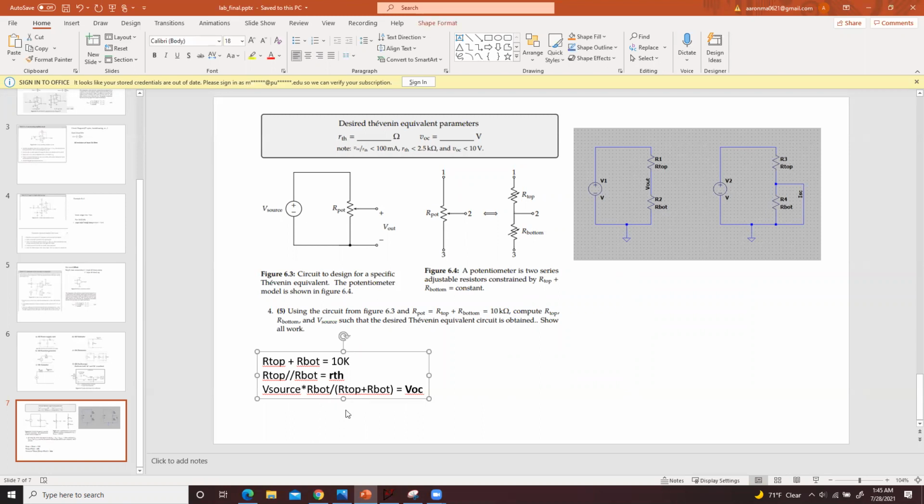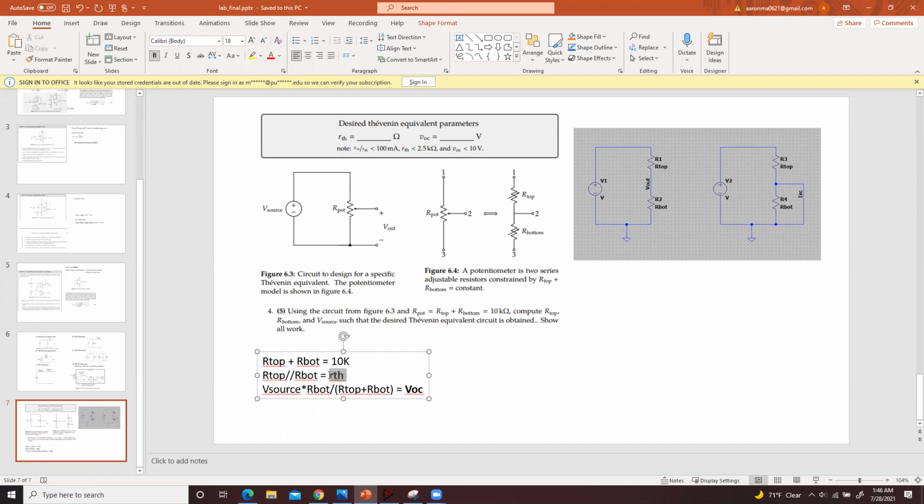Those are the three equations you're going to use. First of all, you're using the potentiometer, so you know the total resistance is 10K. So R top plus R bottom should be 10K. And then remember the RTH. If you remember this from the lab, you already played with this kind of circuit. The RTH is equal to R top in parallel with R bottom.